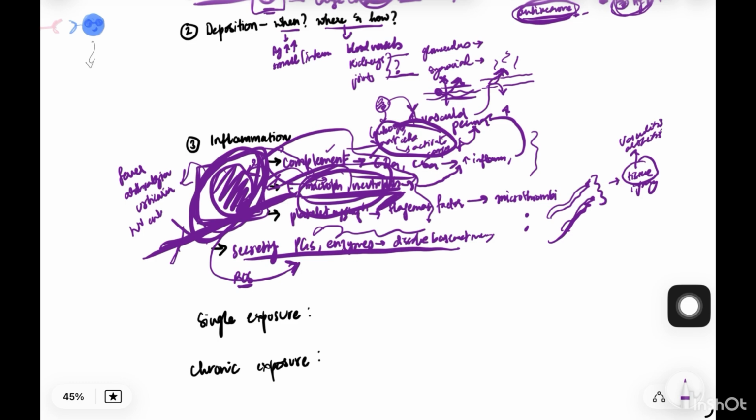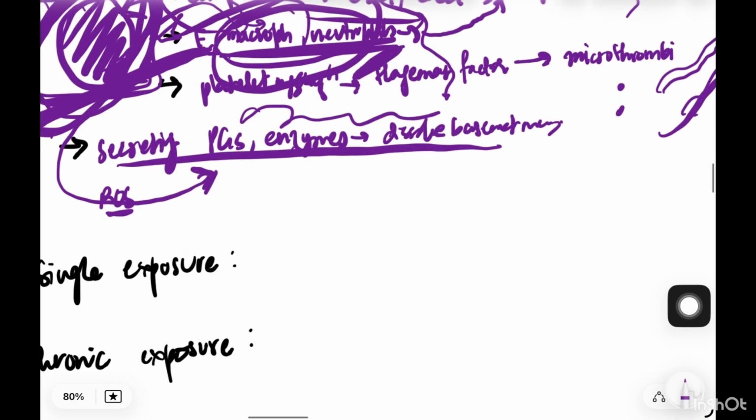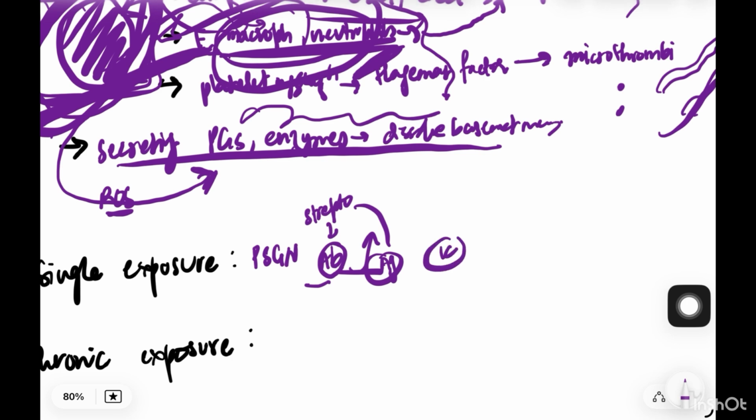Anyway, moving on. When hypersensitivity type 3 occurs from a single exposure, like if you remember post streptococcal glomerulonephritis, you have a streptococcal infection that induces antibodies, and the antibodies, along with the streptococcal antigens, form immune complexes which get deposited in the kidneys, and that inflammation triggers nephritic syndrome.